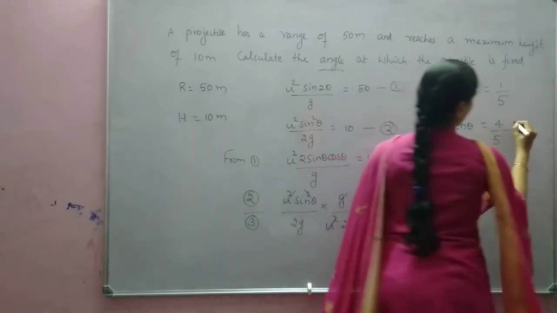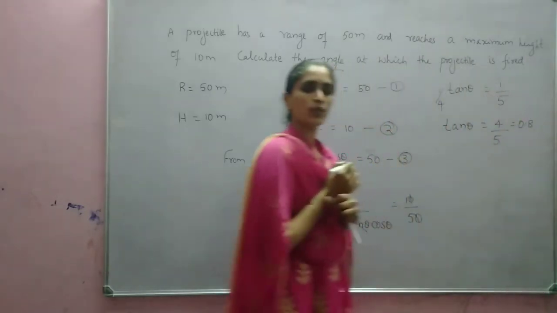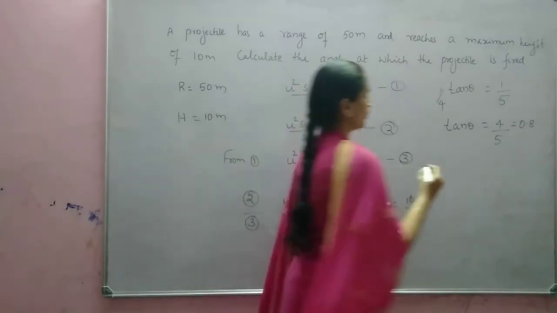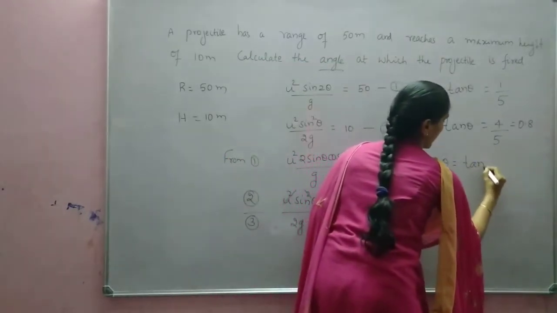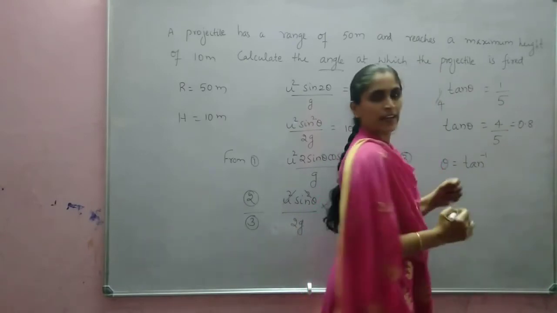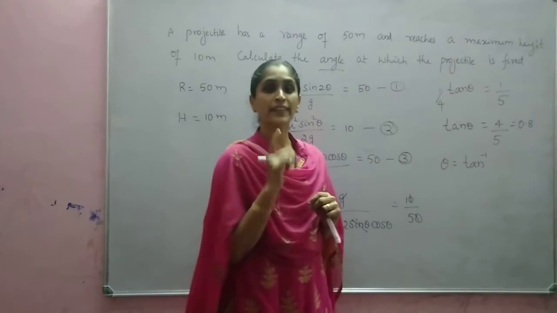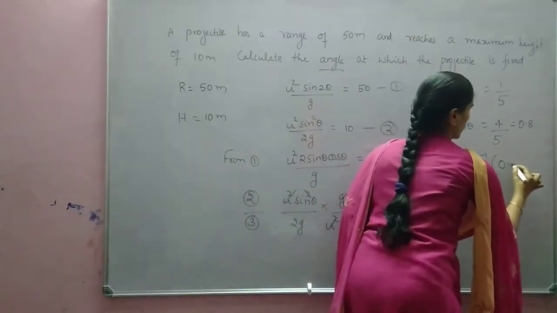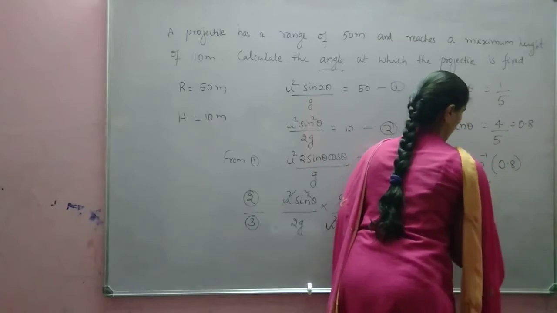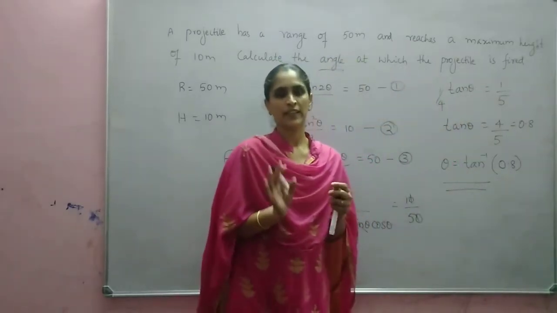So you can write it as 0.8. Tan theta is equal to 0.8, or we can write theta is equal to tan inverse 0.8. Tan raised to minus 1 is how we used to write it, but it will be read as tan inverse. Tan inverse 0.8. Is it clear? Understood, no?